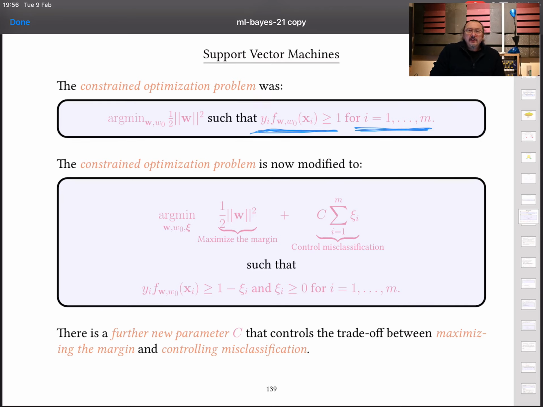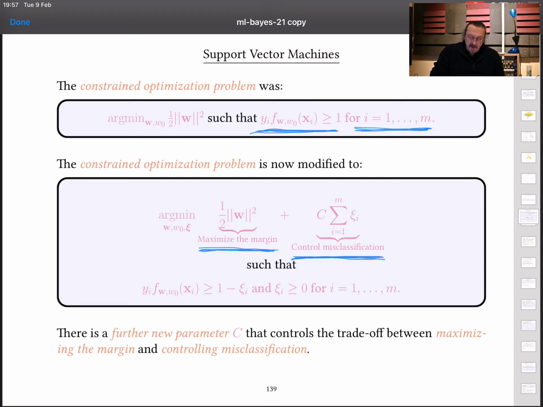Now we modify the optimization problem in such a way that we're still going to try and maximize some conception of the margin, so this is the same, but we're going to add a second element to the function that we're trying to minimize, which is this guy here, which tries to control the amount by which we misclassify our training examples.